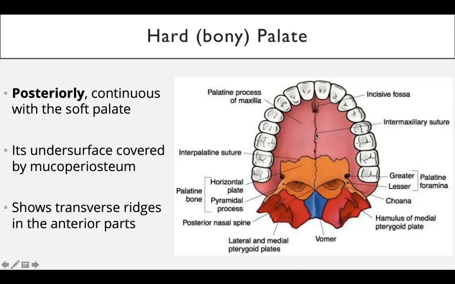There are two sutures important to remember here: the intermaxillary suture and the interpalatine suture. Its undersurface is covered by mucoperiosteum and shows transverse ridges in the anterior part. It shows transverse ridges. This is one of the ridges, anterior to the interpalatine suture.